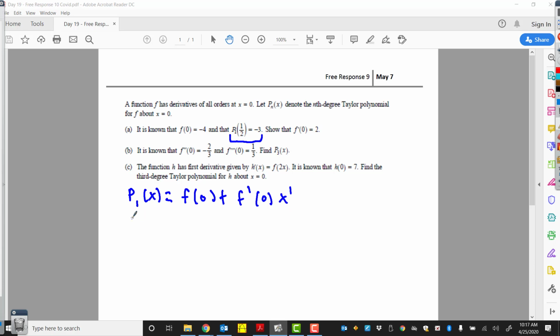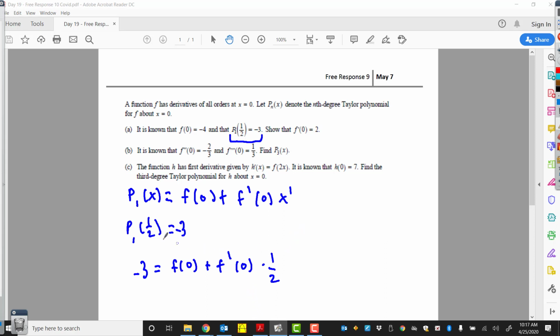Well, now we're saying that p1 of 1/2 is equal to negative 3. So we have negative 3 is equal to f of 0 plus f prime of 0 times, and what we're plugging in to get negative 3 is 1/2.